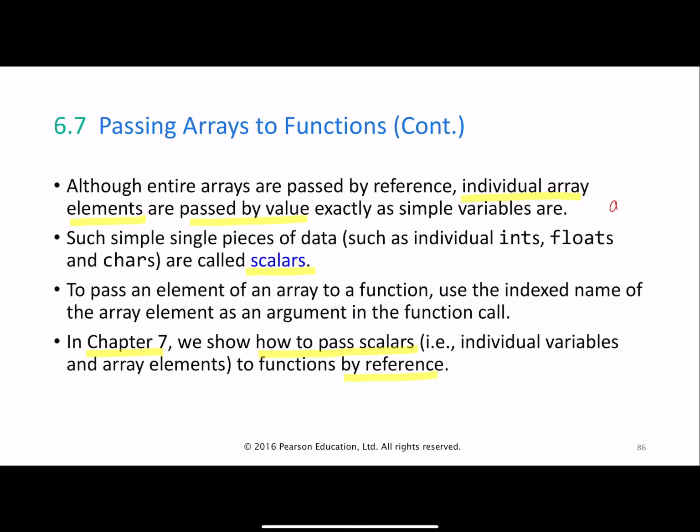So if we have an array, and you want to send element number 2, you can send it like this in an argument list of a function, and this will be passed not by reference but by value, just like any other regular integer or double argument or a character argument that you would send.